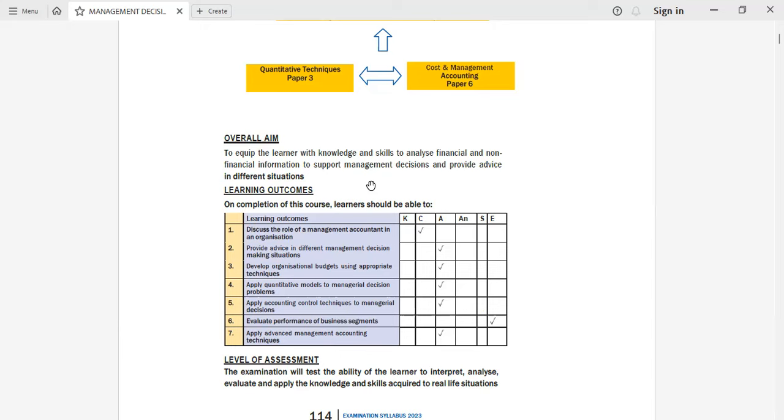So the fourth one is to apply quantitative models to managerial decision problems.